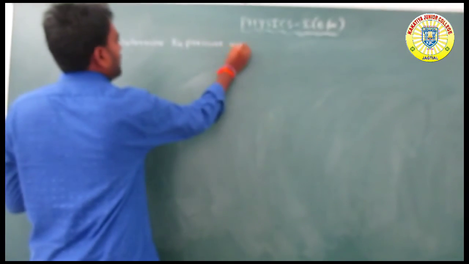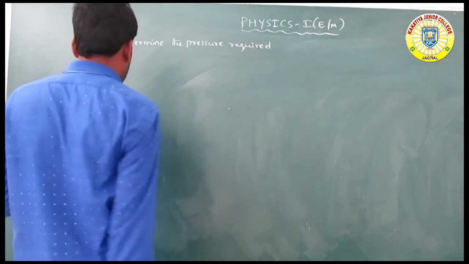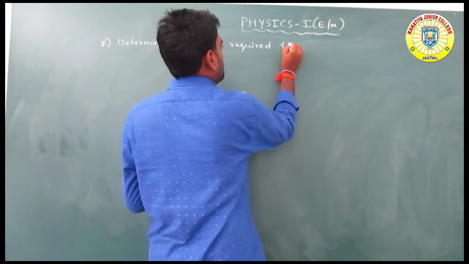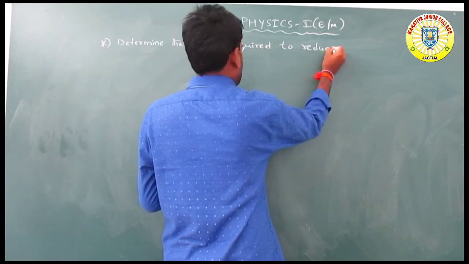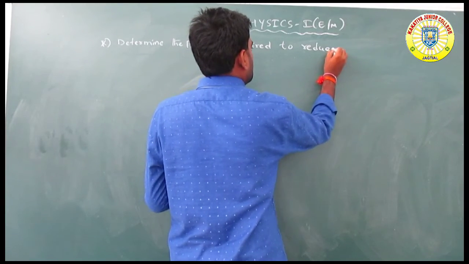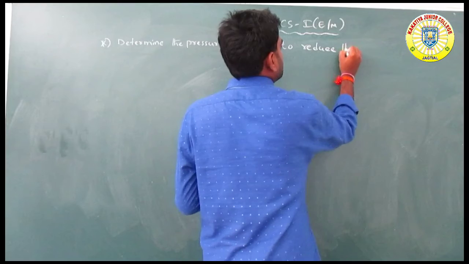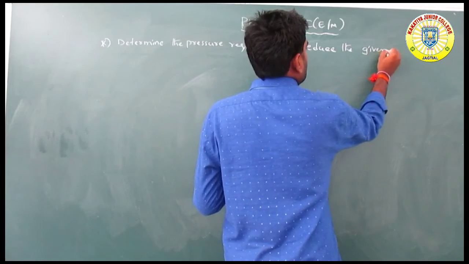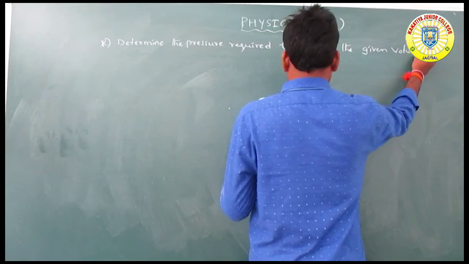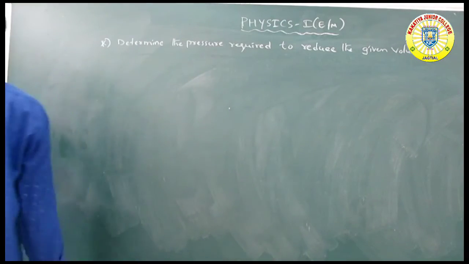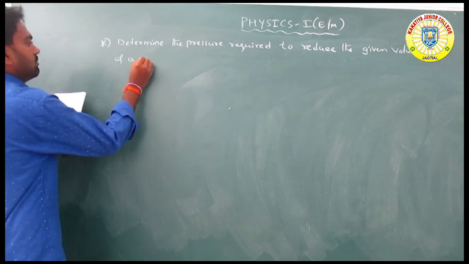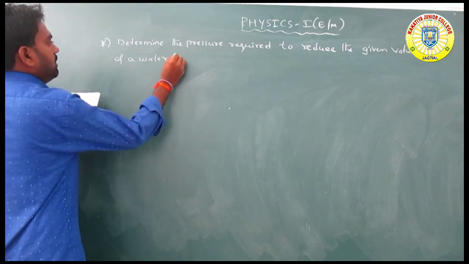So another problem: determine the pressure required to reduce the given volume of water by 2%.